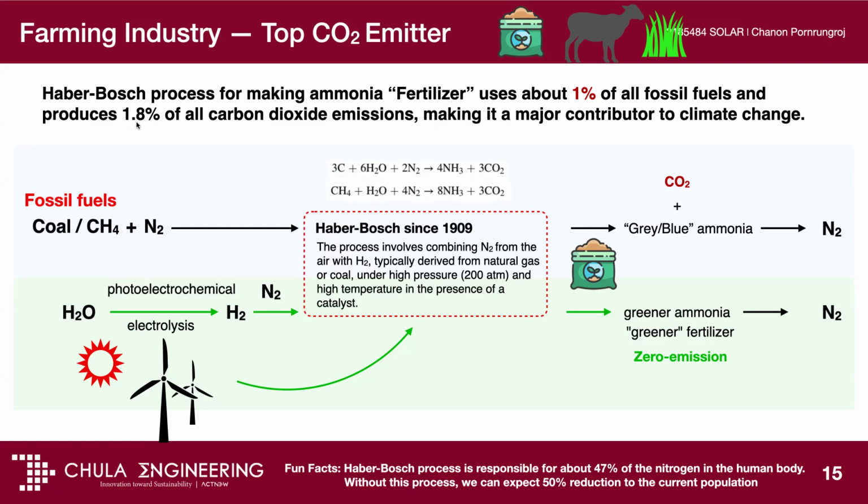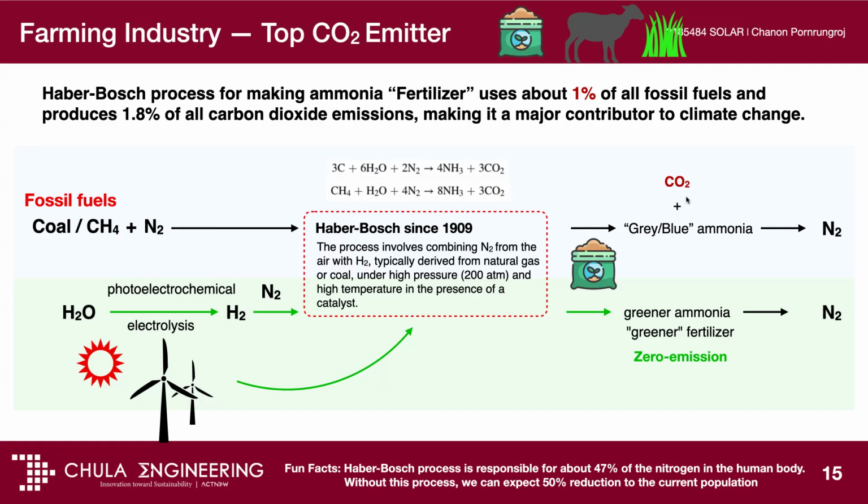So if we look at this process and we want to decarbonize it, what can we do? Right? So in the normal process you have coal plus nitrogen to produce hydrogen, and the hydrogen reacts with the nitrogen through Haber-Bosch, and then you get ammonia plus CO2, and that's called gray or blue ammonia.